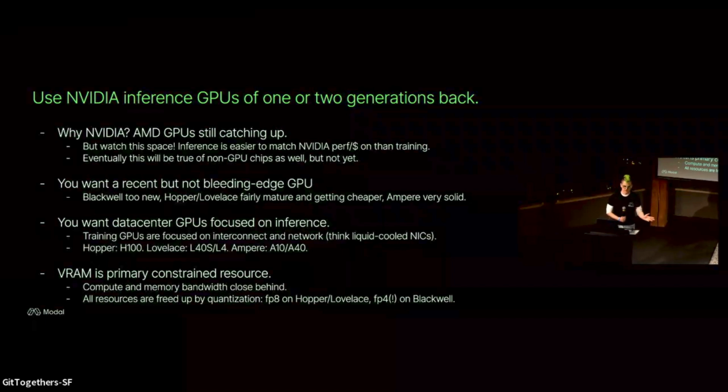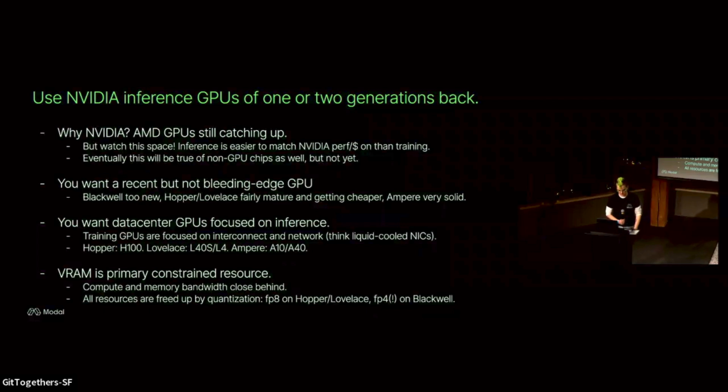So this advice may change. It's worth paying attention to. Eventually, this is likely to be true for non-GPU chips as well, again because the workload for inference is so different from training. But that's not true yet. No matter what Cerebras or Groq says in their press releases, it's not true yet.